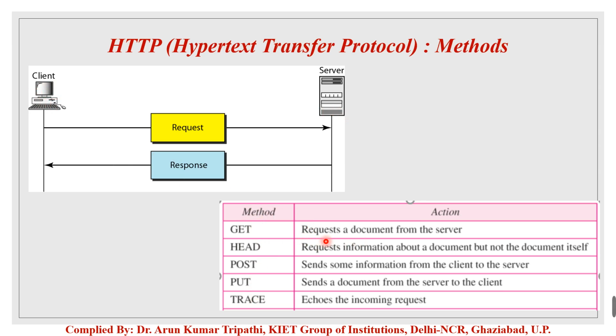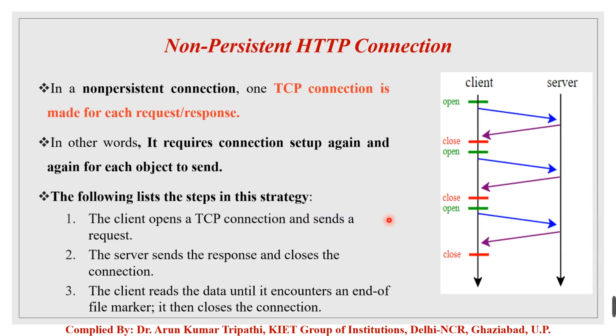The GET method is used to request a particular document on the web server, POST sends some information from the client to the server, and PUT is used to send the document from the client to the server. So these are some basic methods that are used in HTTP.